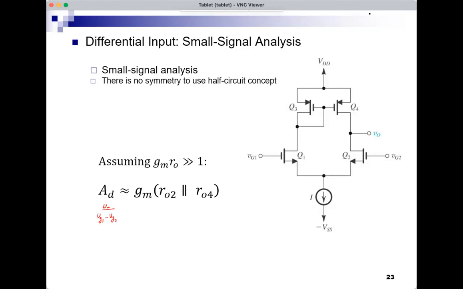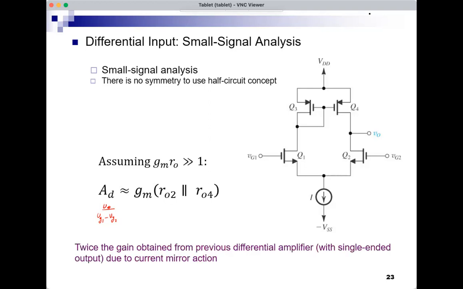So VO over VG1 minus VG2 would be GM times RO2 parallel RO4, and there's no 1/2. We don't lose any gain if we take the output just from one drain, from one side. So that's twice the gain obtained from the previous differential amplifier with single-ended output, due to this current mirror-like short circuit between gate and drain of Q3.